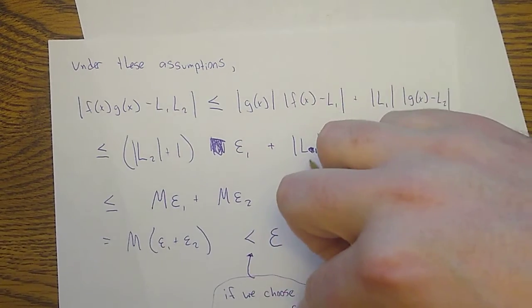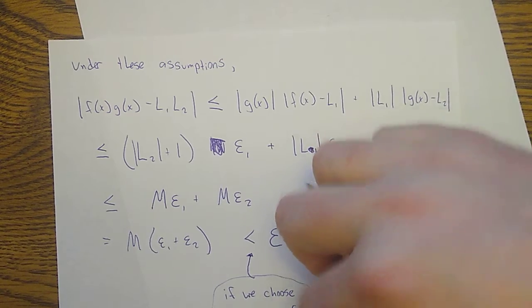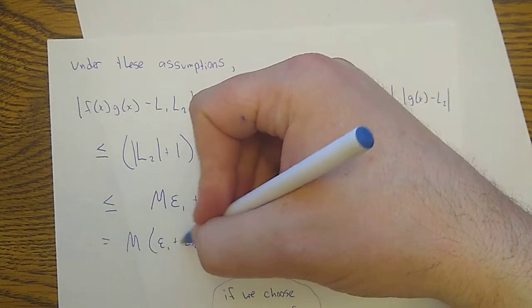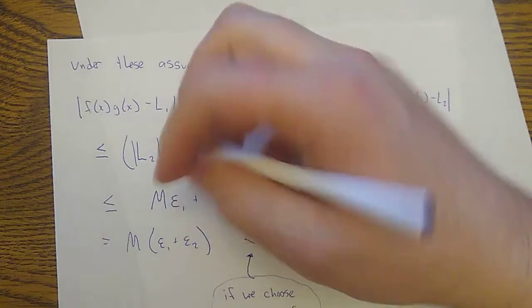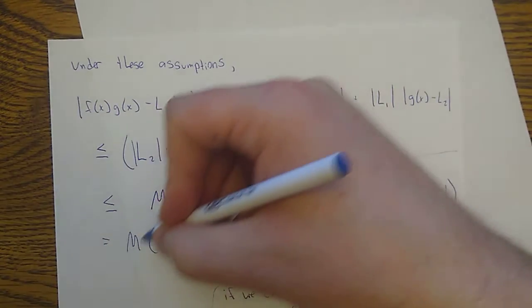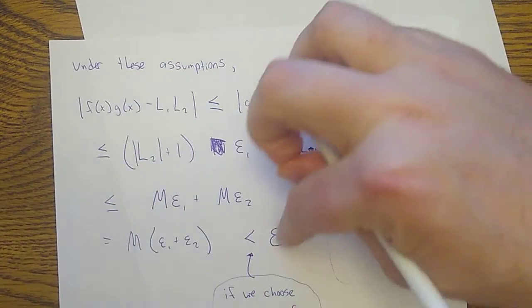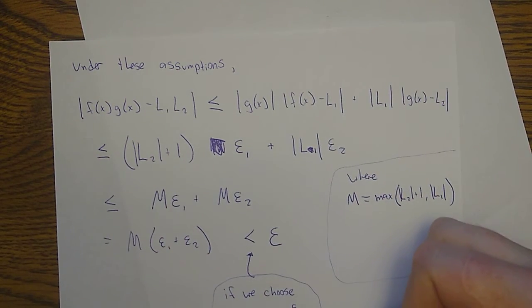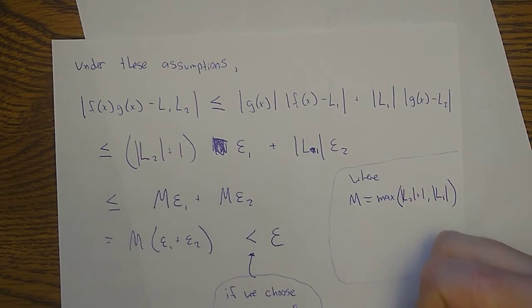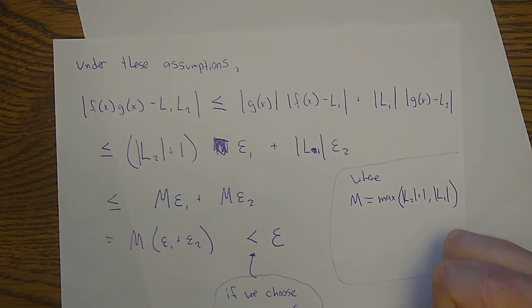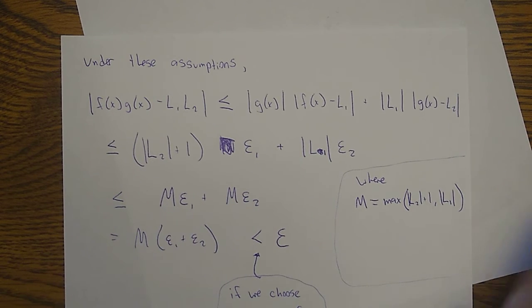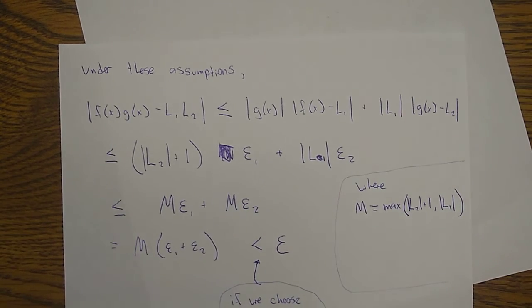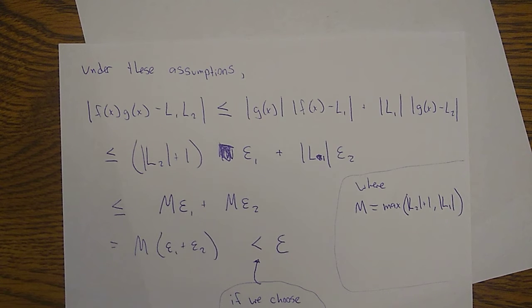Because if I make them both epsilon over 3M, then when I add them up, I get 2 epsilon over 3M, and then I multiply this by M, and I get 2/3 epsilon, which is smaller than epsilon. So that's a good choice of epsilon 1 and epsilon 2.